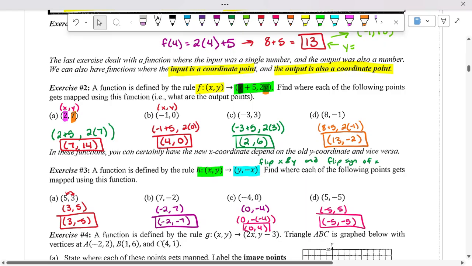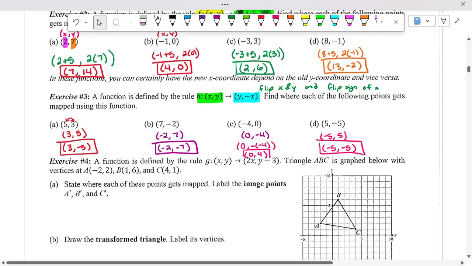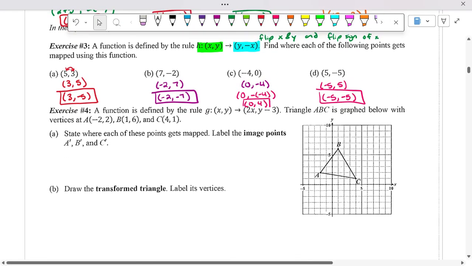All right, so now we're going to take that and go a little bit further and actually do it with graphs. All right, so look at example 4 at the bottom of page 1. So a function is defined by the rule g of x, y is 2x, y minus 3.